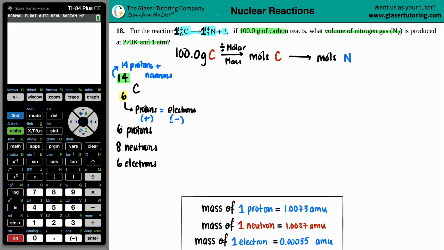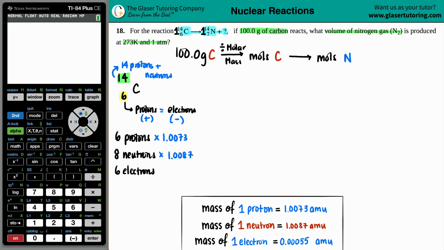Now, with each of these, I'm going to multiply by the exact mass that each proton, neutron, and electron has. I'm going to take my 6 protons and multiply by 1.0073. I'm going to take my 8 neutrons and multiply by 1.0087. I'm going to take my 6 electrons and multiply by 0.00055.